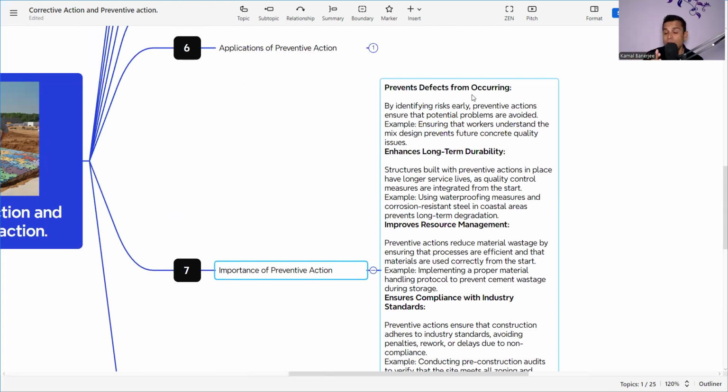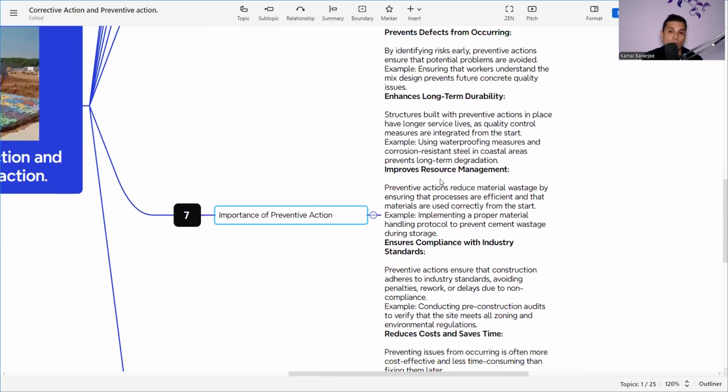If there is a waterproofing failure in one place, and we can identify the root cause, you can use the preventive action for the next activities, and it will prevent the reoccurrence of the same defects. Then, enhance long-term durability. How? We are minimizing the defects so that there will be a product as per the project specification or as per the requirement.